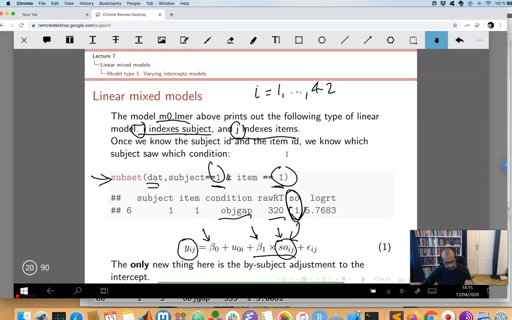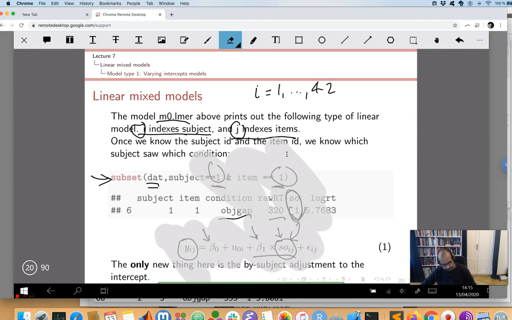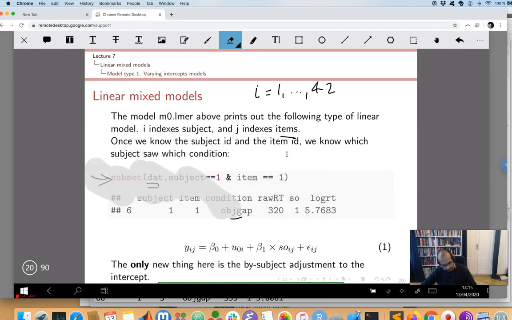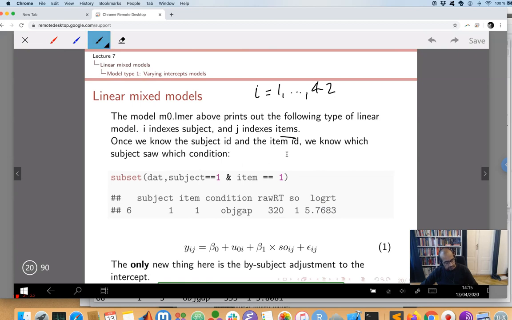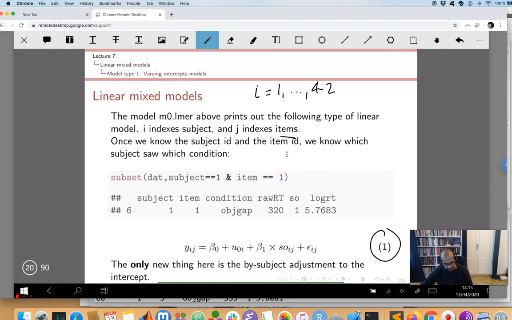Okay, so my mathematical model now is, let me just erase all this and rewrite everything now. So my mathematical model now is this equation 1, and this equation is stating that I'm fitting a linear model with an intercept and a slope just like the linear model before.